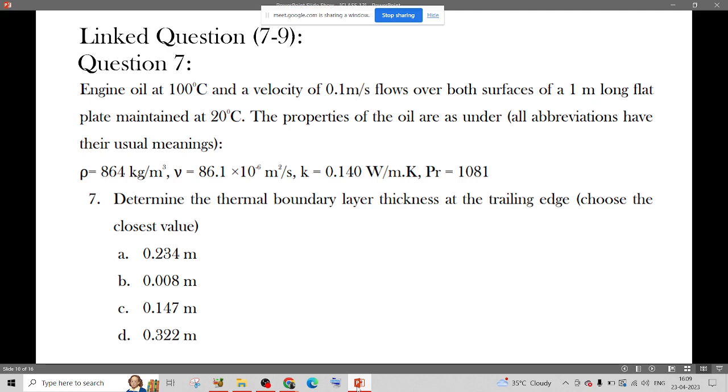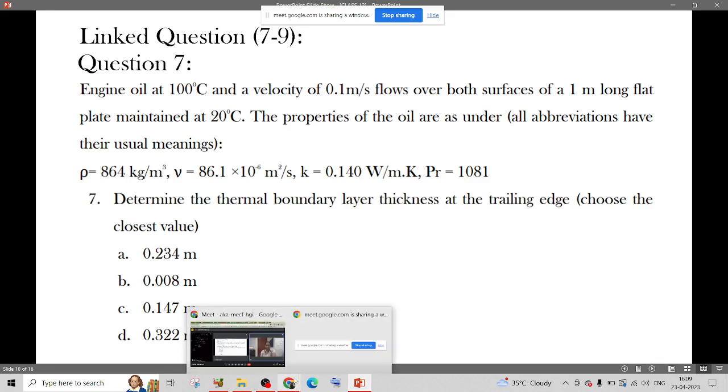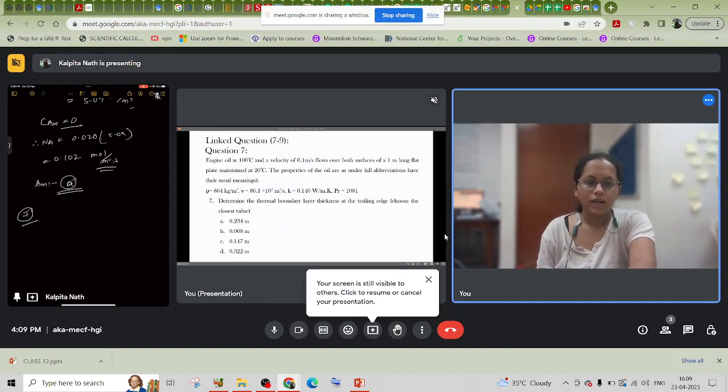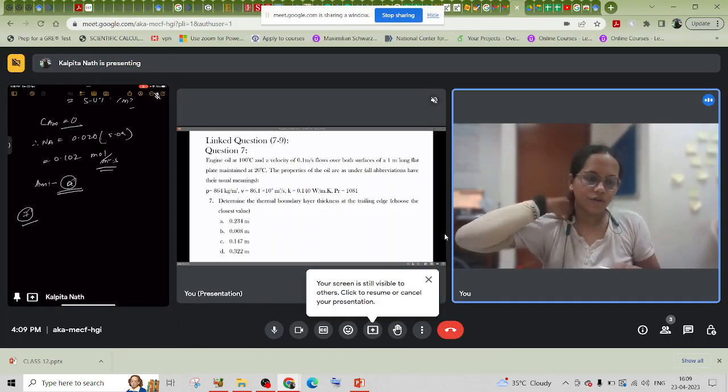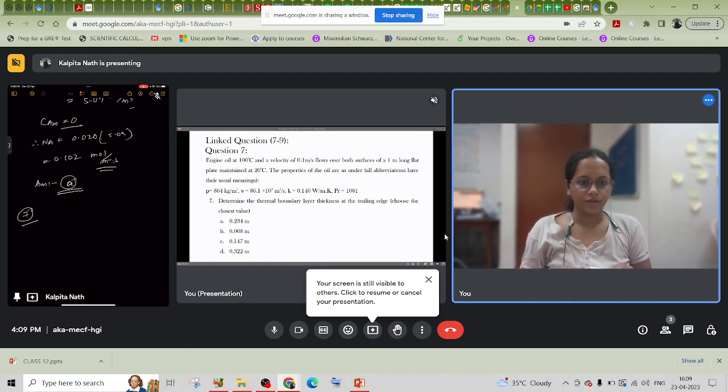Determine the thermal boundary layer thickness at the trailing edge. Choose the closest value among the following. I'll give you 3 minutes for solving this, and then we'll proceed with the solution itself.